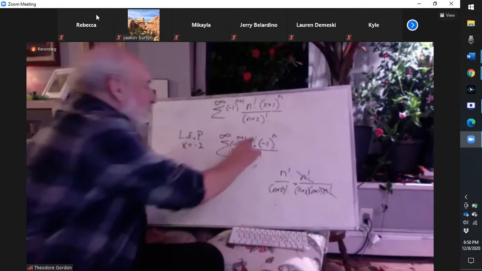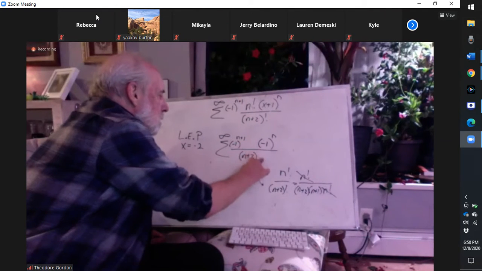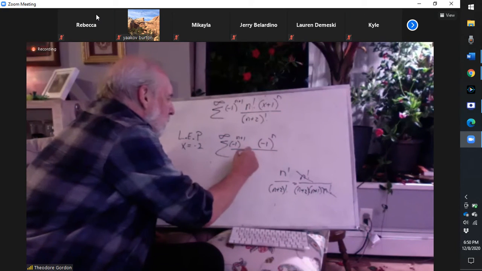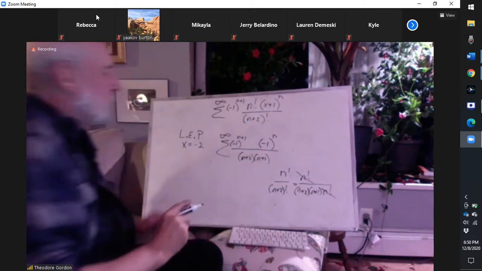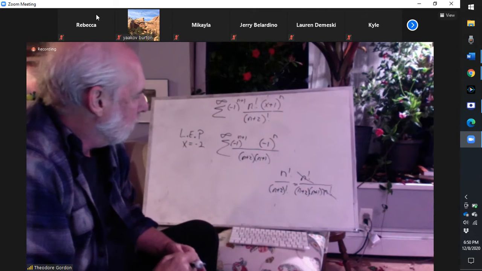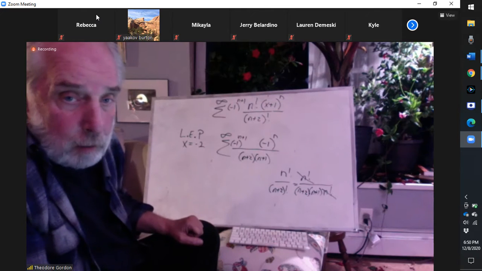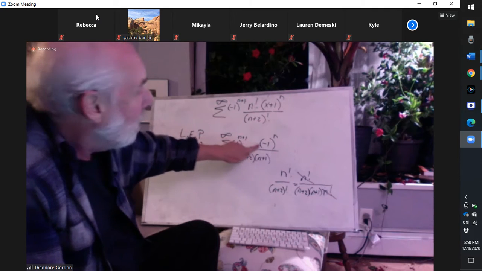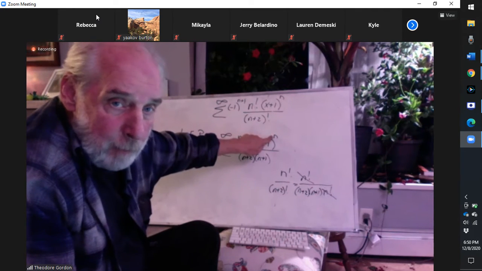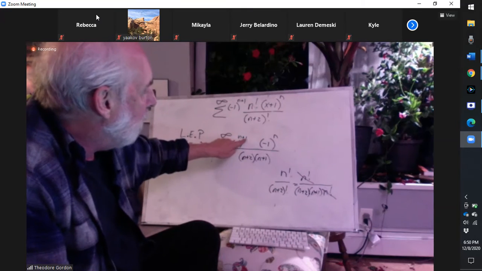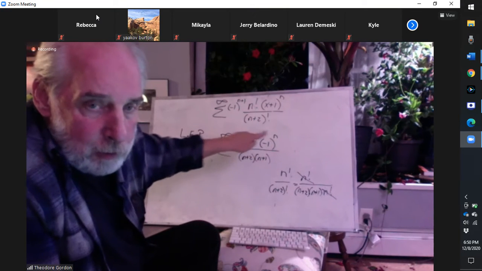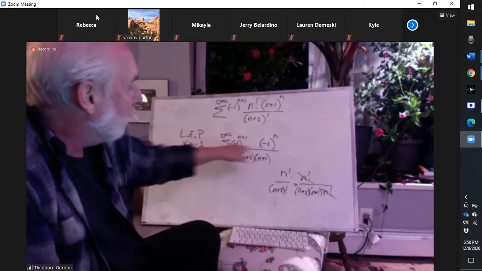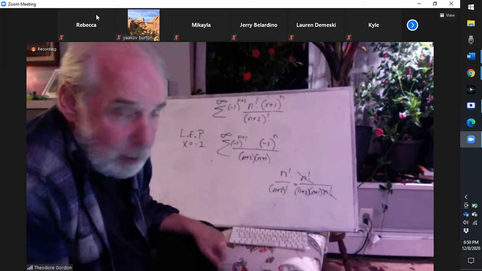So this just leaves us with, on the bottom, n plus 2, n plus 1. And on the top, here we have -1 to the n plus 1, and here we have -1 to the n. So n plus 1, one of those is always going to be odd, the other one is always going to be even. So when we multiply these together, they are always going to be -1.